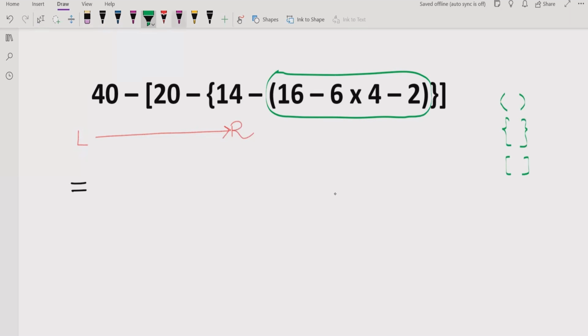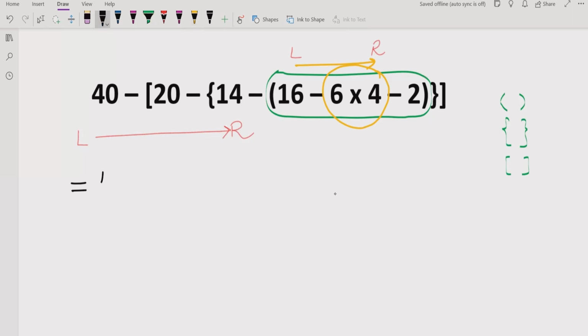In the round bracket, we again go left to right and see what is solved first. As per the rule, we solve the multiplication first: 6 multiplied by 4 is 24.